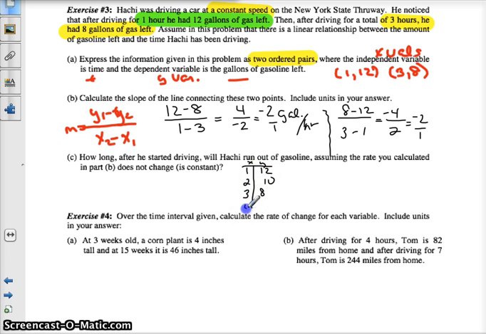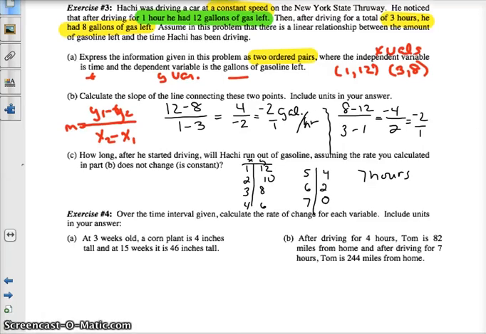We already knew that. 4, he had 6. 5 hours, he had lost another 2 gallons. That would be down to 4. 6, he had 2. 7, he had 0. So it took him 7 hours. Okay, so that's one way to look at it, and I'm sure we're going to see another.